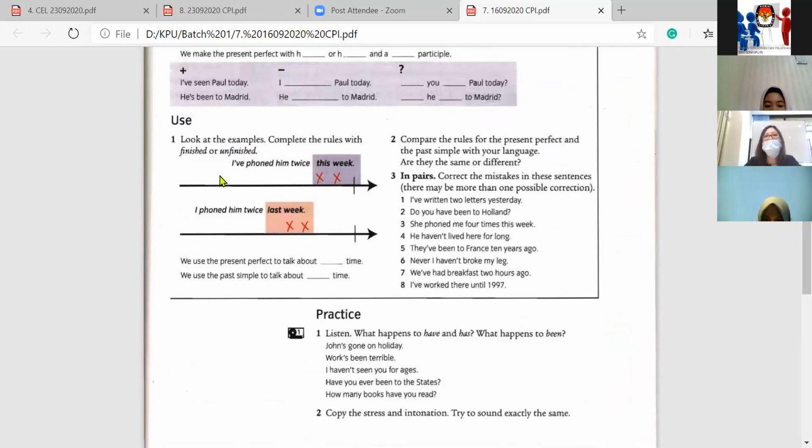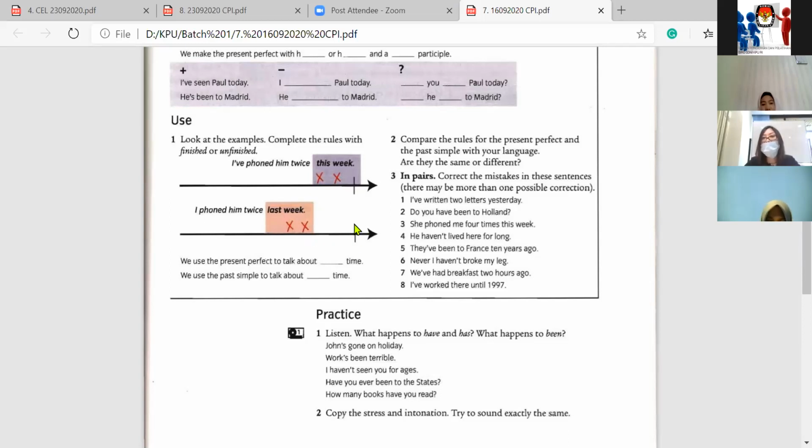No, so we can only use present perfect if the time is not finished yet. For example, today is Wednesday, so this week is not finished. And past simple, we use when the time has finished.